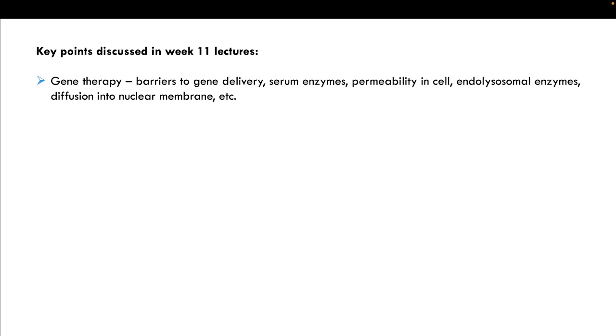So ex vivo, you deliver the gene inside the cells, and then you put these cells back into the patient's body, where the gene will be transcribed and translated into the correct protein, and in that way you can try treating the disease. But through literature, we have seen that this approach is not very successful, although a lot of research has been going on in this approach.